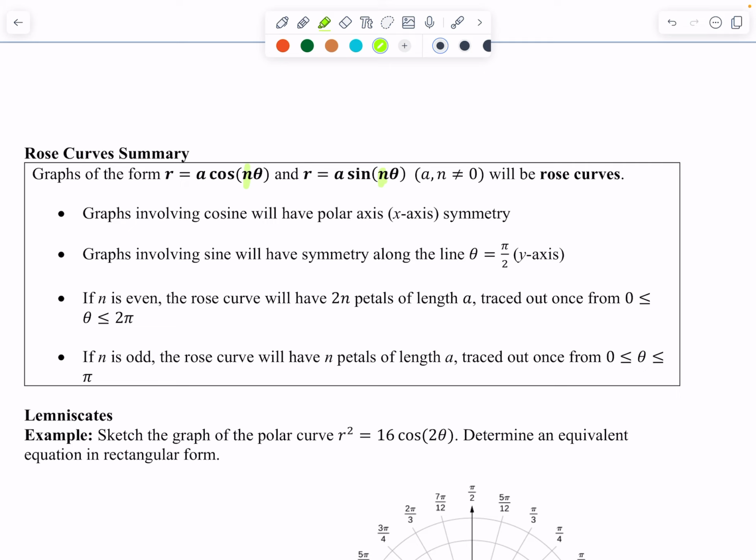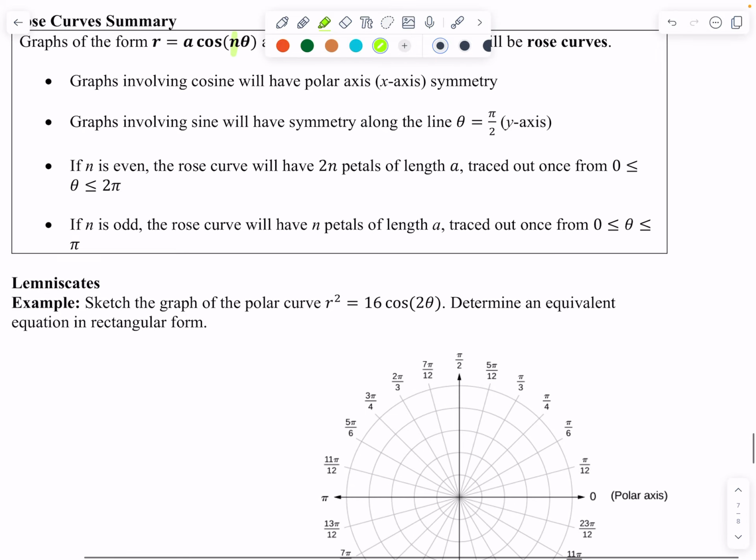Like if n is 2, there will be 4 petals that have a length of a, traced out between 0 and 2 pi. And if n is odd, then the rose curve will have n petals with a length of a, traced out between 0 and pi. So those are things you can kind of memorize.